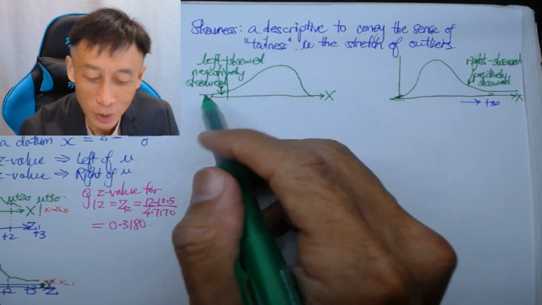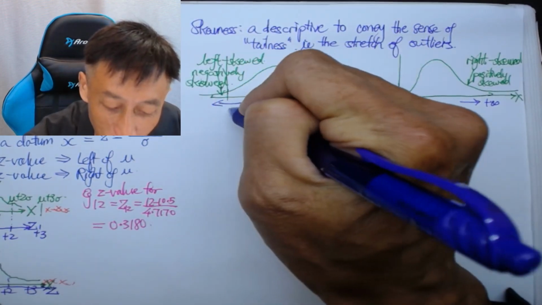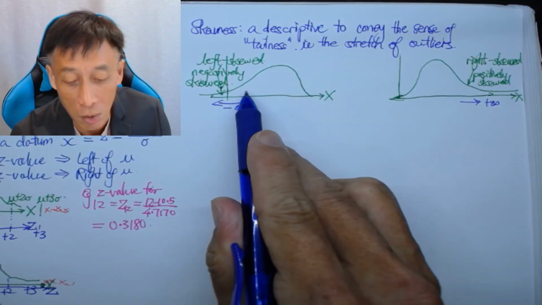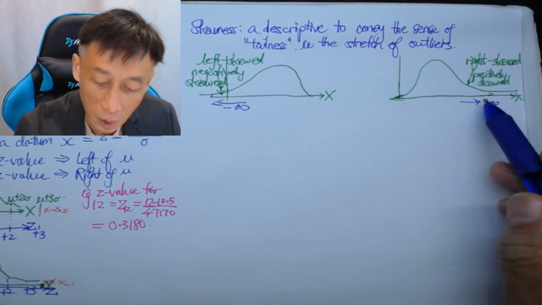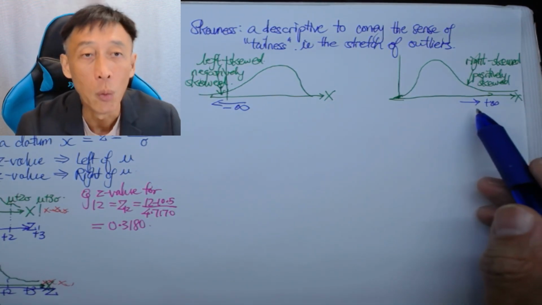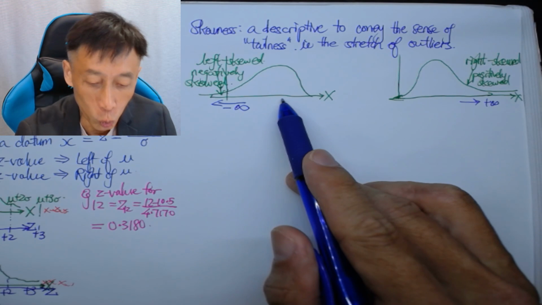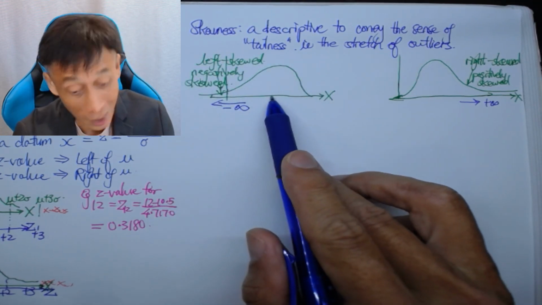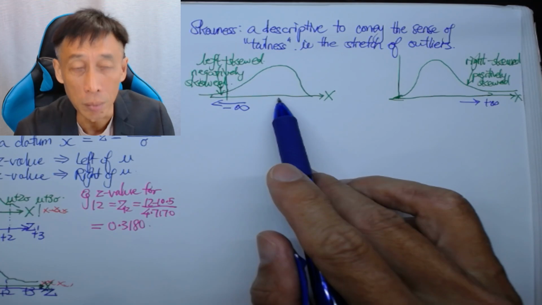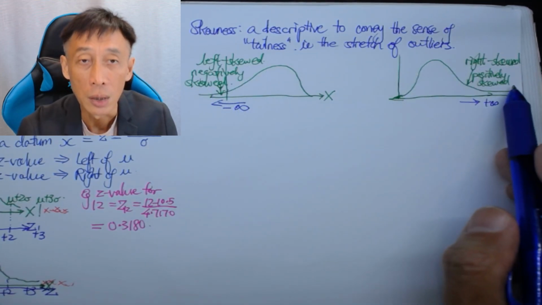Now, when I draw a diagram like this, it's easy for you to see and agree with me. Oh yeah, the tail is longer on the left side, so left skew or negatively skewed. Yeah, the tail is longer on the right. But what if you cannot see the tail? What if you don't have the ability or temporarily are not able to see the curve, the entire data set?